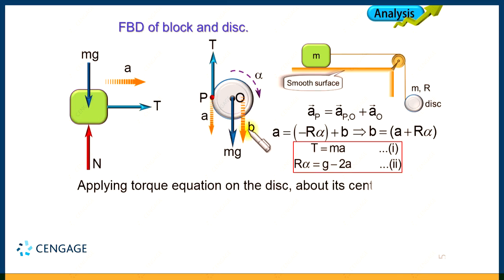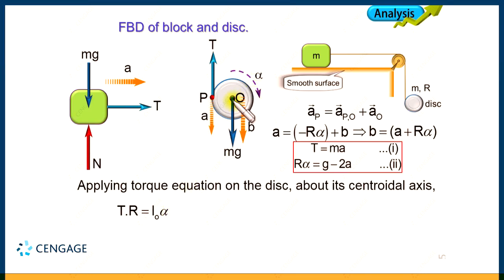Okay. And this torque equation, we know, is torque equal to I multiplied by alpha, and I is the moment of inertia about O. So we can write now this torque equal to I alpha, and this torque equal to T multiplied by R, right? Tension multiplied by radius, and I is the moment of inertia about O, alpha is the angular acceleration.